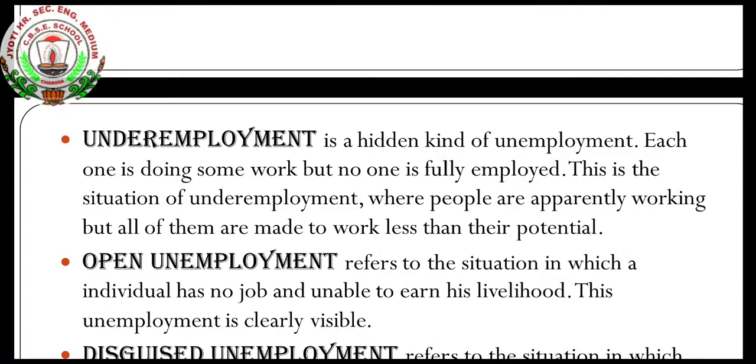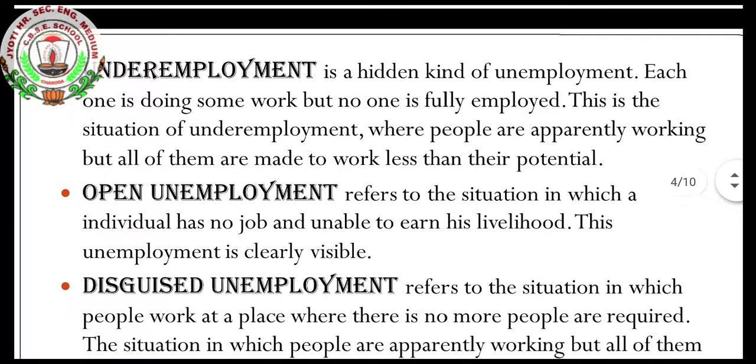Now, let us see open unemployment. Open unemployment refers to the situation in which an individual has no job and is unable to earn a livelihood. This unemployment is clearly visible.